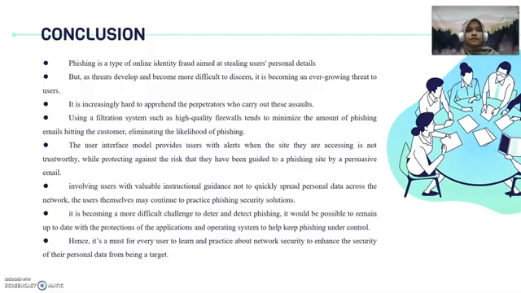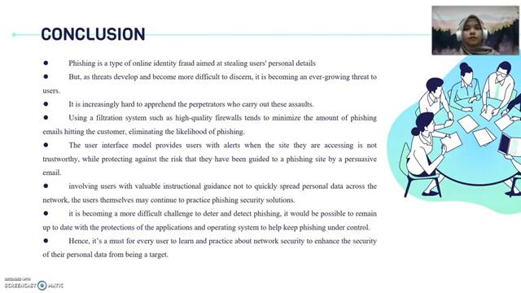Using a filtration system such as high-quality firewalls tends to minimize the amount of phishing emails hitting the customer, reducing the likelihood of phishing. The user interface model provides users with alerts when the site they are accessing is not trustworthy, while protecting against the risk that they have been guided to a phishing site by a persuasive email.